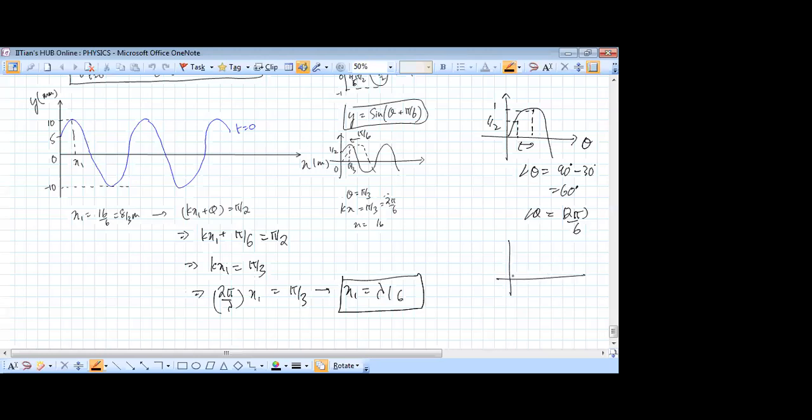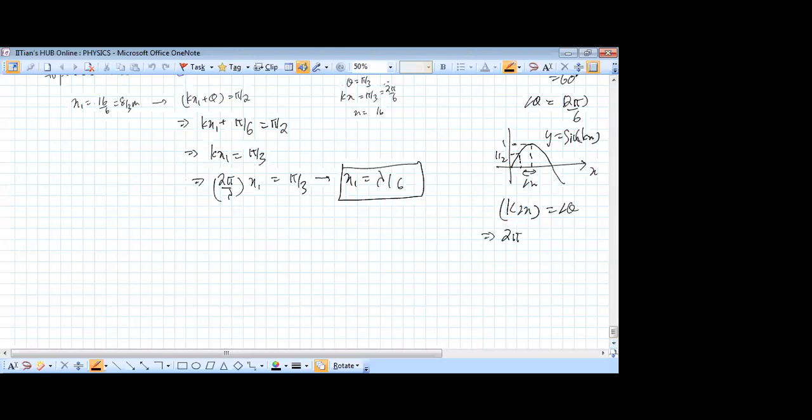So now if you convert this into an x type of graph, where this is y is equal to sin kx, how will delta x be here? Again, if this is that half point and this is that 1 point, it should be such that k delta x should be equal to delta theta. Okay. So in other words, 2 pi by lambda into delta x should be equal to whatever that delta theta is. So if delta theta, for example, is 2 pi by 6, then accordingly my delta x will become how much? It will become lambda by 6.